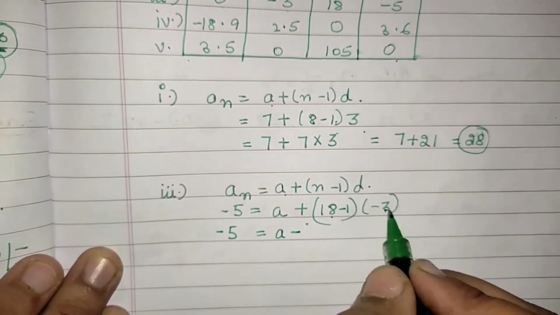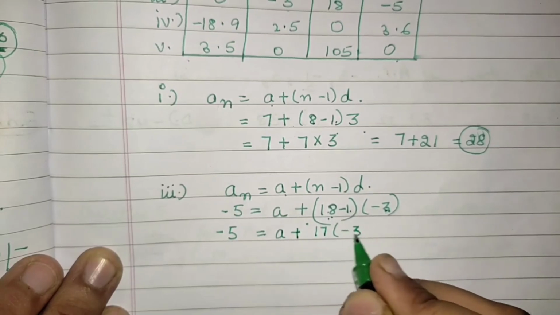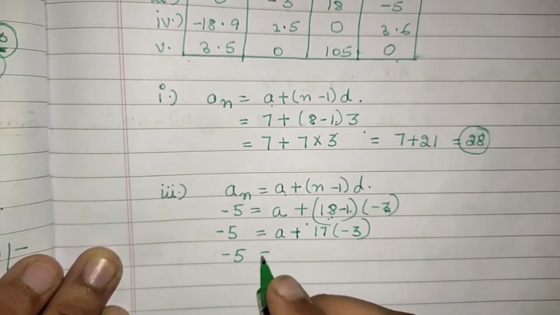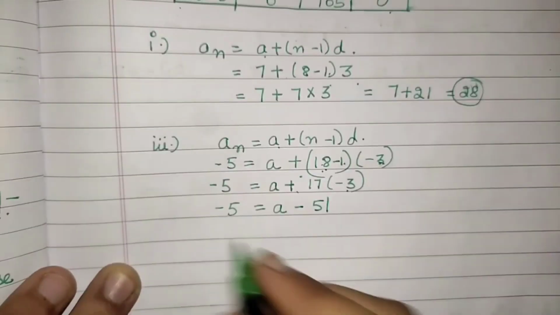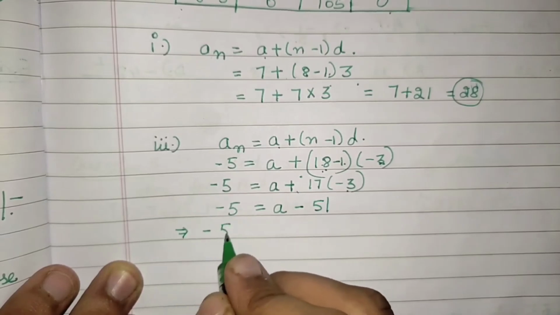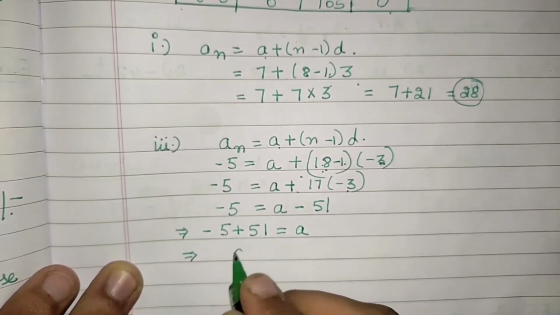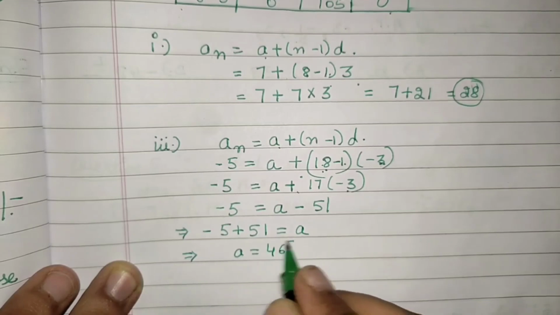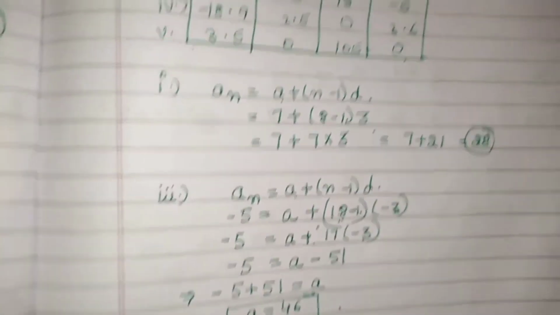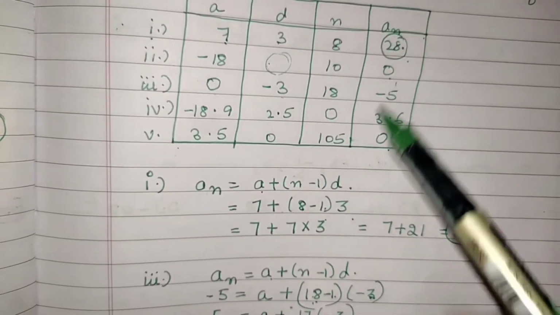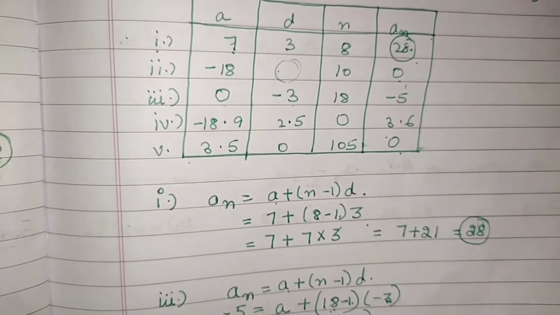So what will I get? 18 minus 1 is 17 into minus 3. So I will get minus 5 equals 17 times 3, which is 51. So my answer will be minus 5 plus 51 equals A. So A will be equal to 46.